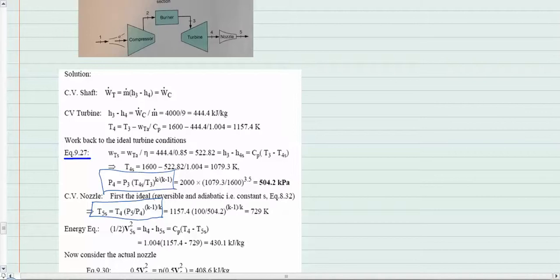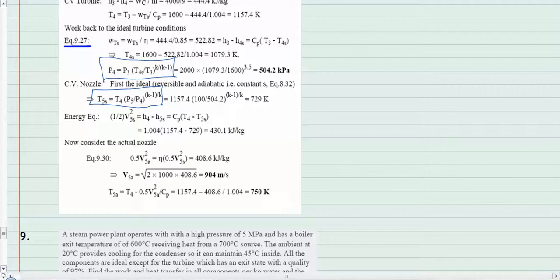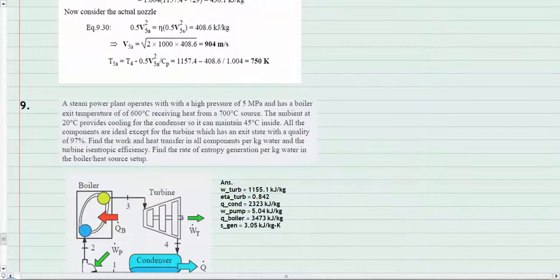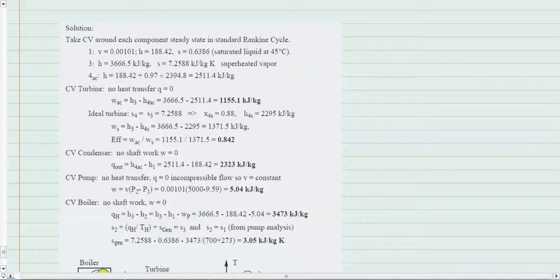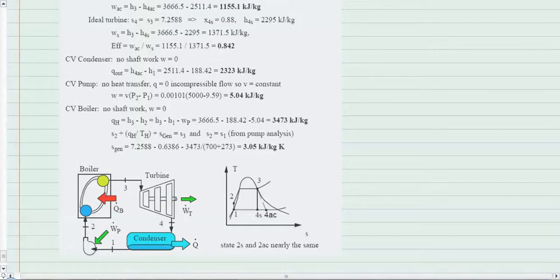I will not provide those. Once again, each of these problems is nearly or very similar to the homework problems that you've done. If you have questions, please let me know.